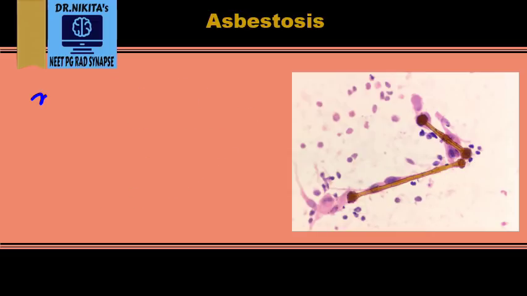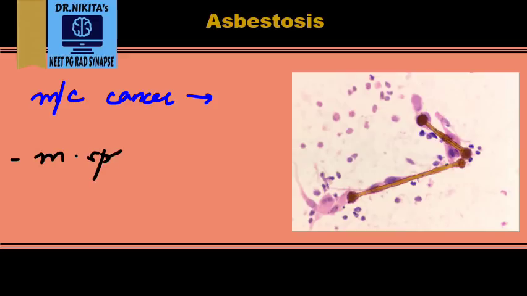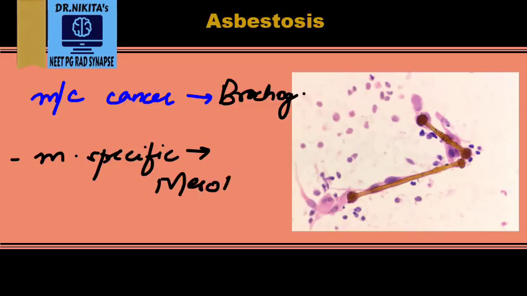Now, what is the most common cancer associated with asbestosis? If the question is most common cancer and if the question is most specific cancer, the answer will change. Most common is bronchogenic cancer, that is lung cancer, and most specific cancer is mesothelioma.